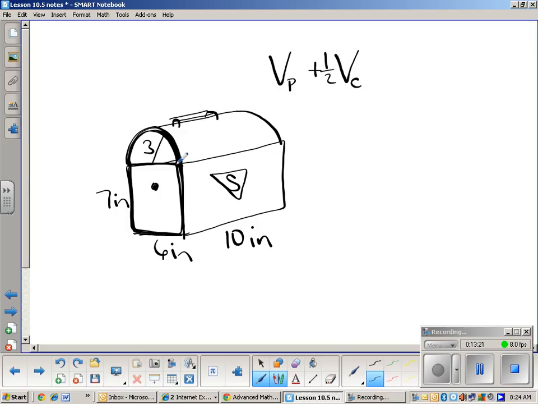So with agreement, I said to you, let's all agree that we will always use the side that it's sitting on as the base, okay?